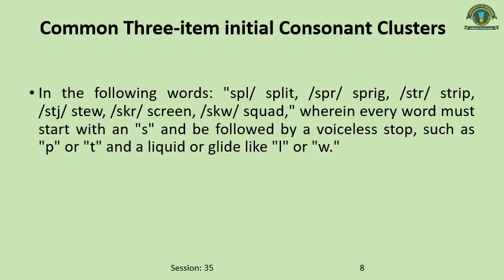Every word must start with an S and be followed by a voiceless stop, such as P or T, and a liquid or a glide like L or W. So all these are consonant clusters. Is it clear?